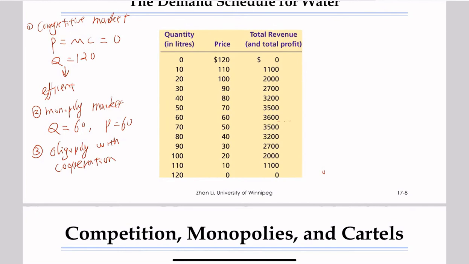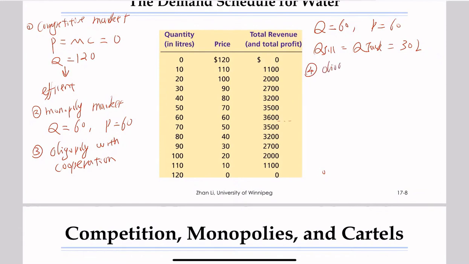So in this case, you can see that again, the market quantity will be 60 and price will be 60. So we can assume Jack and Jill have the same factory, the same production capacity. So in this case, they will each produce 30 liters. Right? Now, let's think about the fourth case.